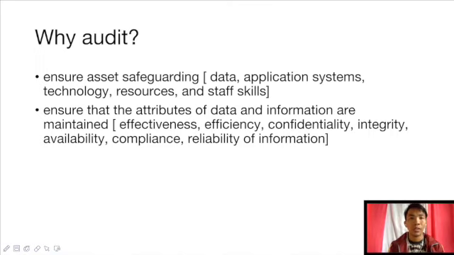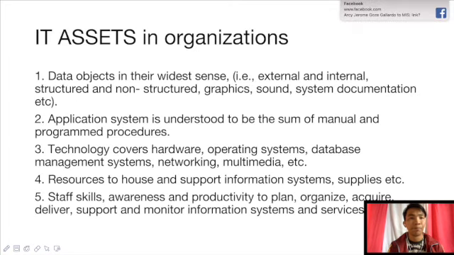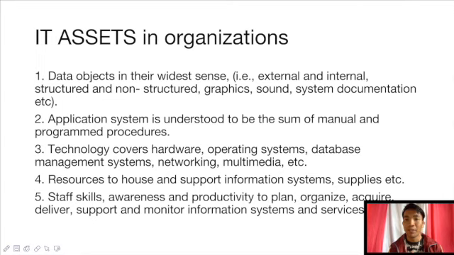So, as I have said, organizations, particularly whether that's private or government, small, medium, or large enterprises, have certain assets that have to be ensured that they are safe, secured, and conform to standards.